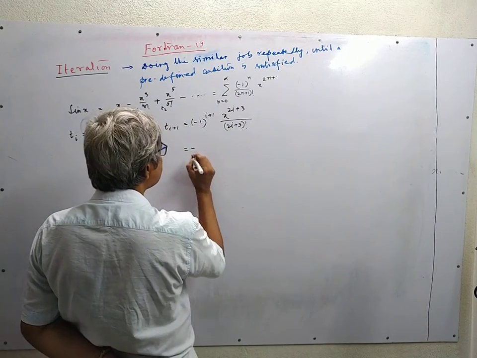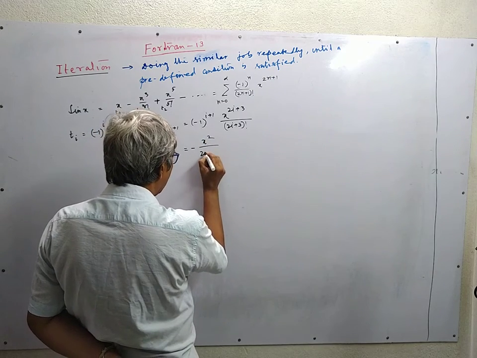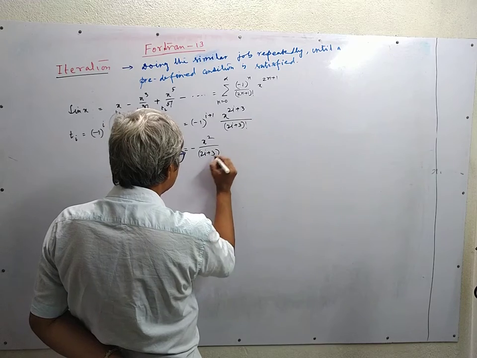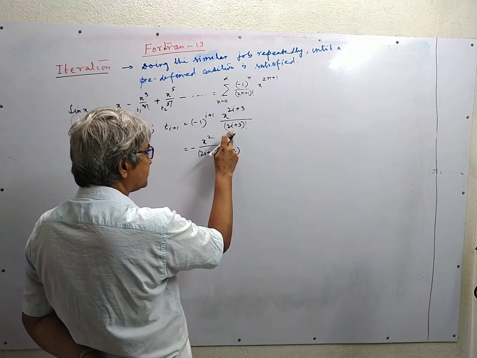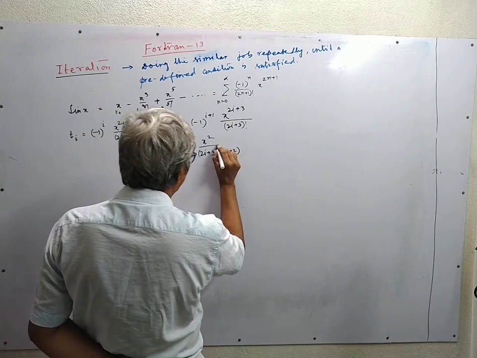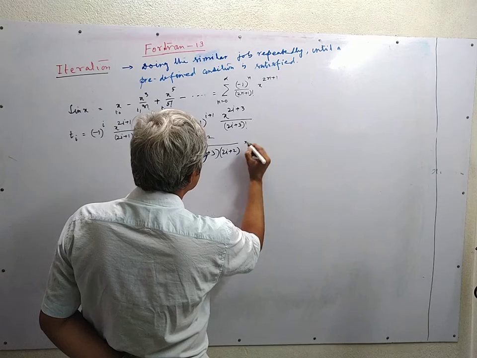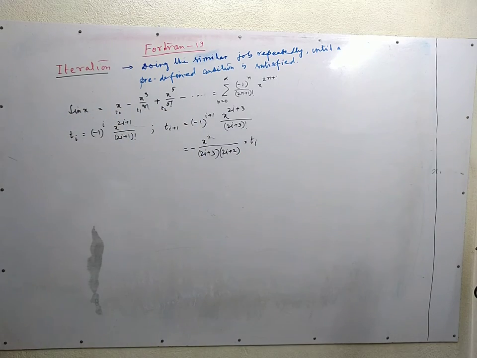This term can be written as minus x square by (2i plus 3)(2i plus 2) times the previous term, which is ti. This is the recurrence relation.